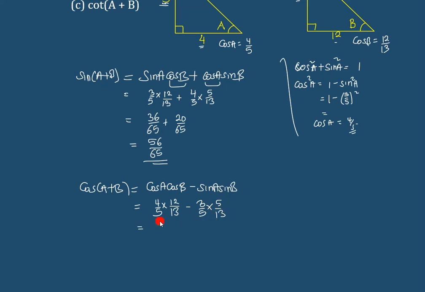This one will get us 48 over 65 minus 15 over 65, which is equal to 33 over 65.